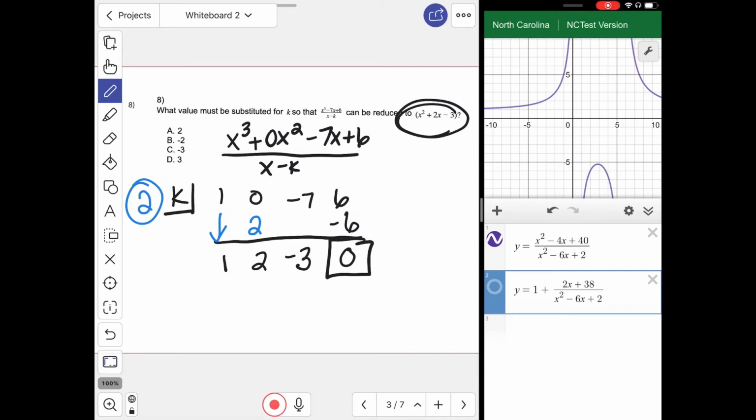Add that, that does give me a positive 2. And then 2 times 2 is going to be 4. Add that together, gives me negative 3. So my k value would have to be 2. So you really are starting back on this side and you're working your way backwards in order to clarify what k has to be. Or again, you could just check each one of them and see if they work out.